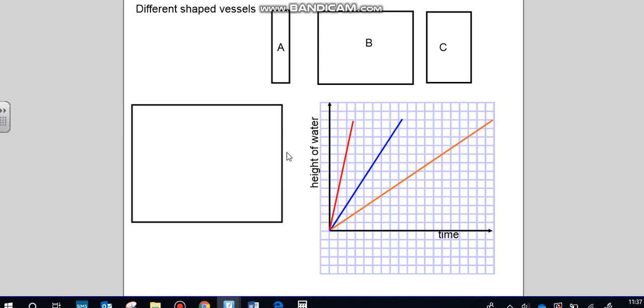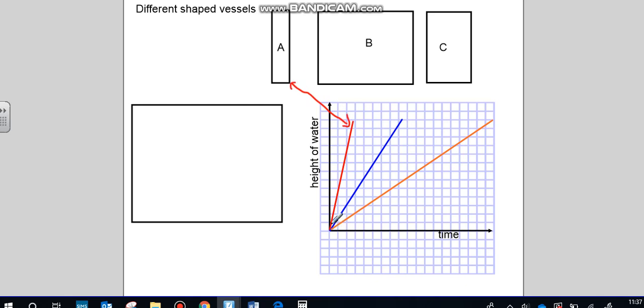So we've just done lots and lots of work on gradients, and we said steeper graphs have higher gradients, but also steeper graphs represent things that are happening quickly, when we're measuring against time. So this A is actually represented by the red graph here.